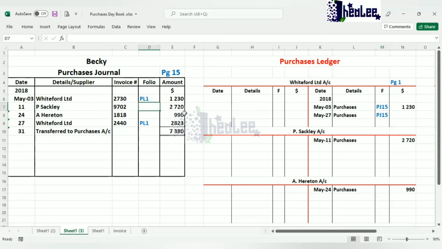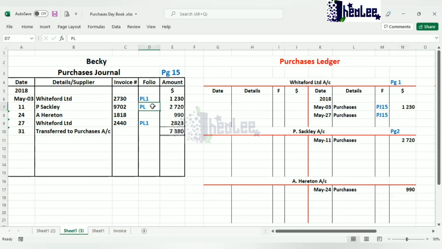The folio is PL, but we need a page number for P. Sackley's account. The page numbers are written at the right-hand corner of the account, on the same line as the account title, but on the right-hand side. So for P. Sackley, we're going to call it PG2, page 2.